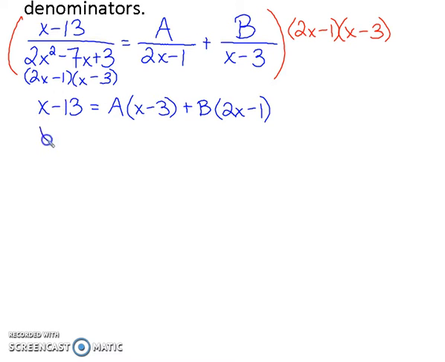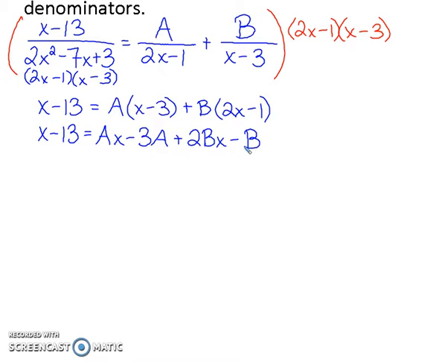If I distribute my A and my B, I get x minus 13 equals Ax minus 3A plus 2Bx minus B. So again, I've got this one equation that has both A's and B's in it, and x's.